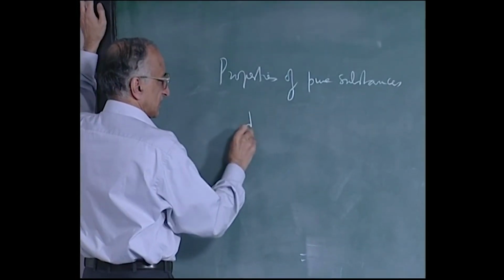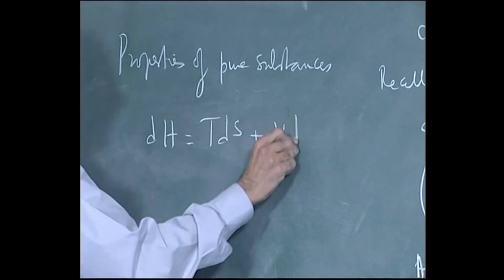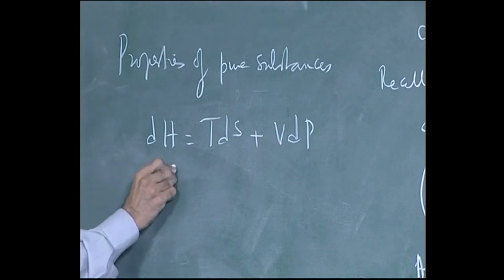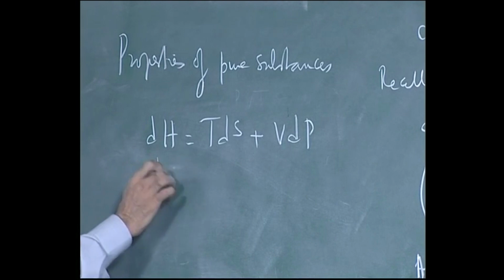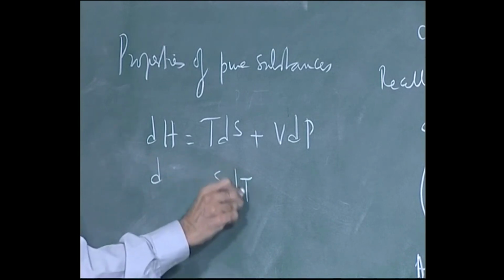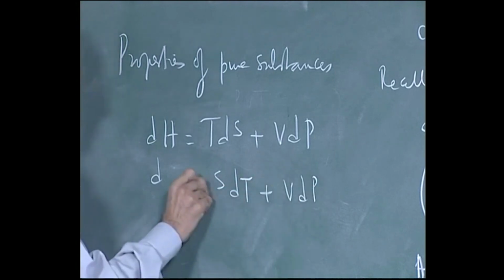So you know how these things are done. And I have to go to s with respect to p. I should get dT plus V dP.